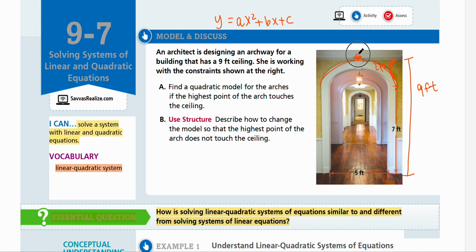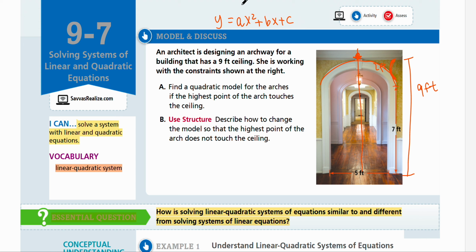And then our vertex has to be over here where the height is 9. Maybe we could say the middle would be the y-axis, and then this would be the vertex, 0, 9.